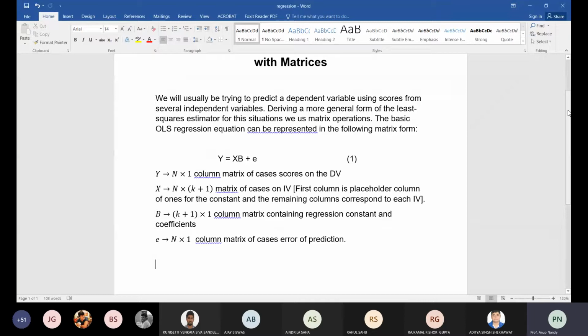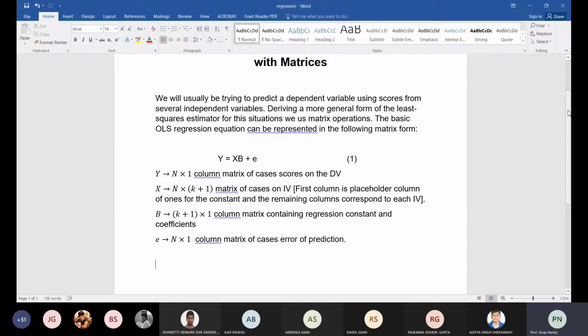Now you need to solve it, but your objective is to find the sum of square error, that is SSE. You need to minimize this sum of square error. As before, we wanted to find different values for the elements of B, because you had two parameters b0 and b1.